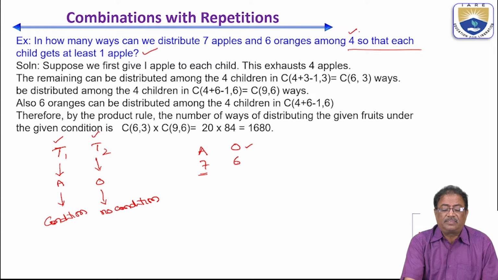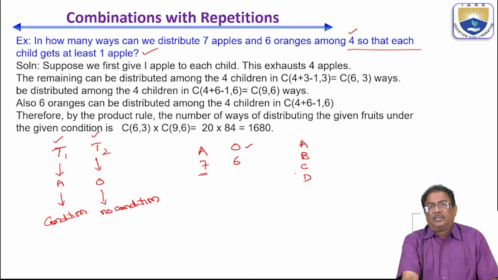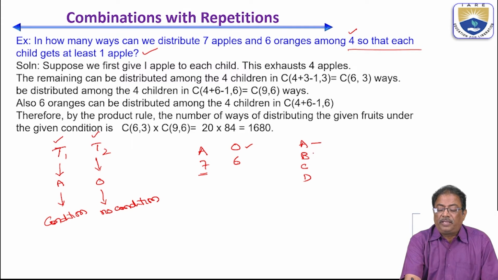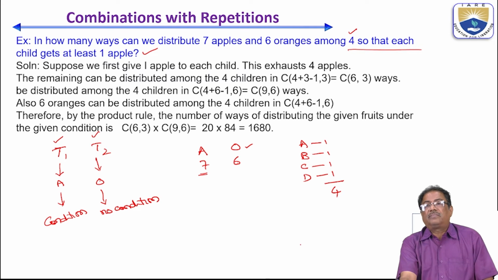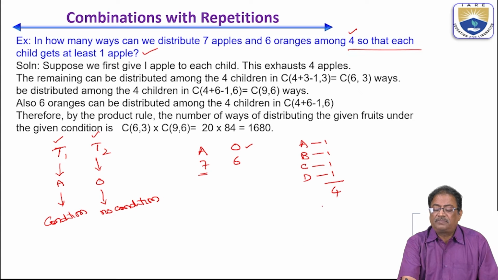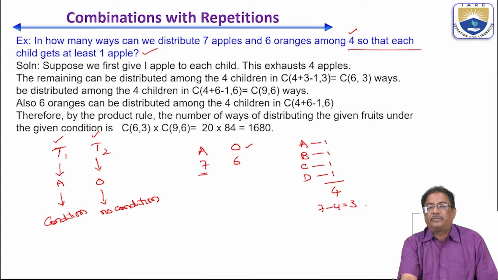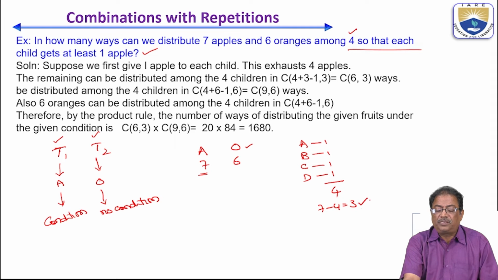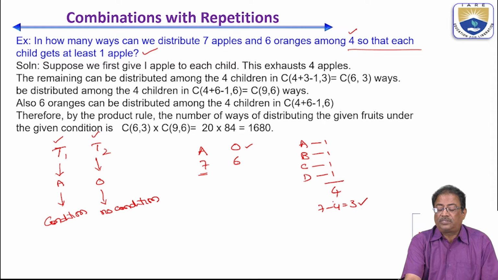Now let us say the children are A, B, C, D. Each and every child will have at least 1 apple. So 4 apples are exhausted. The remaining apples are 7 minus 4, 3 apples. So these 3 apples are going to be distributed among 4 children.